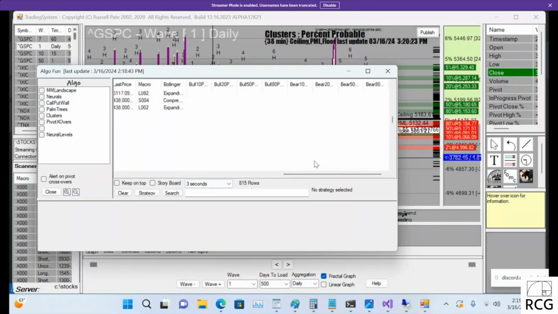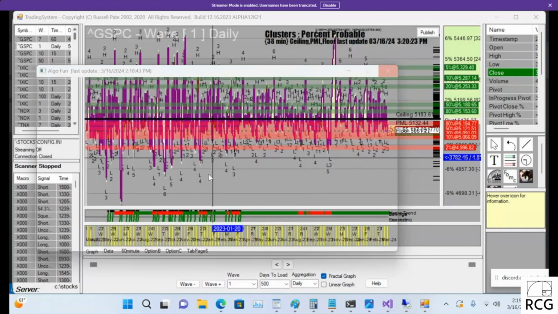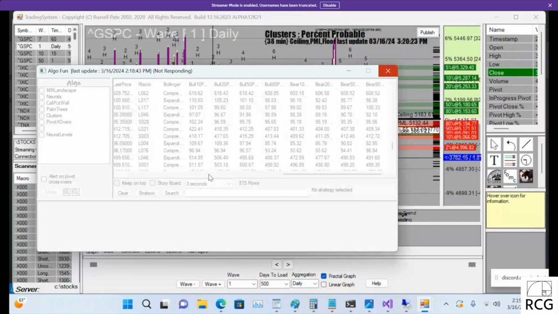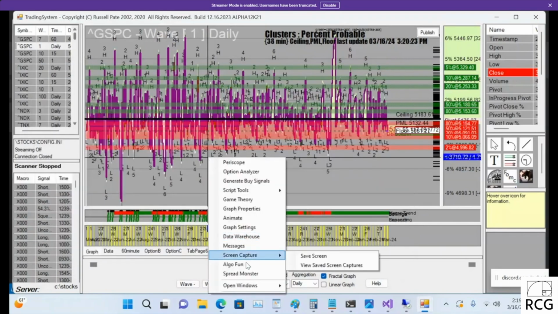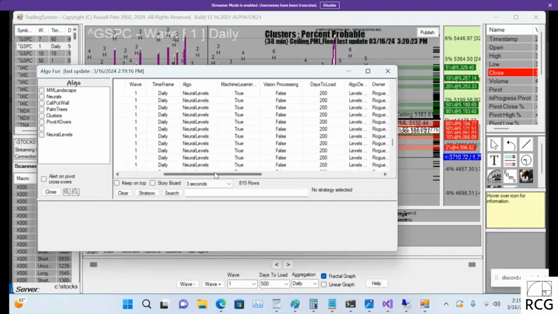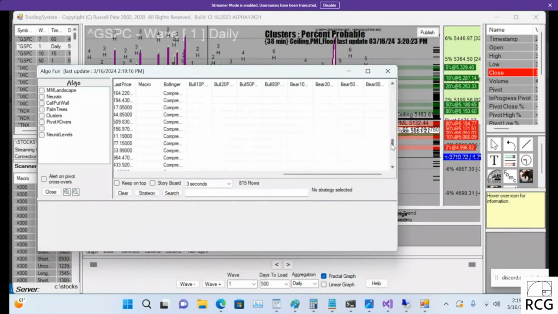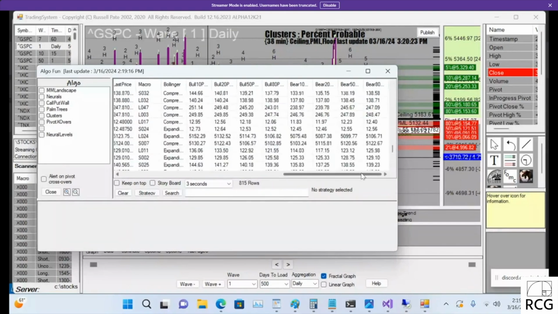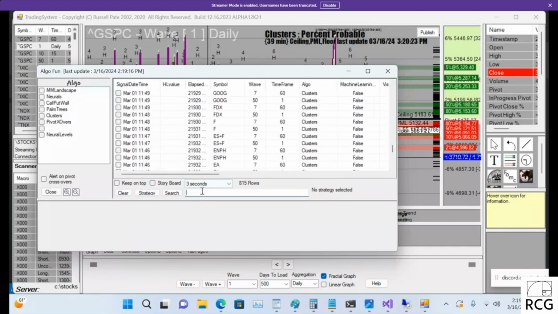Yeah, because I see it. It's just not appearing. I don't know what it looks like. Oh, there it is. Yeah. So they're down here. My network is so slow right now. Levels, pivot vector, clusters.